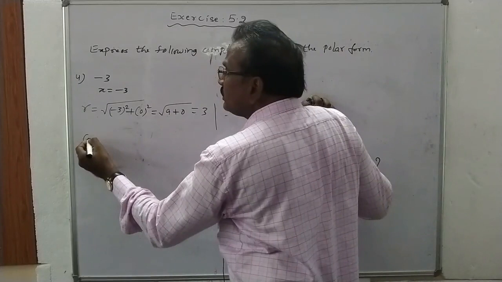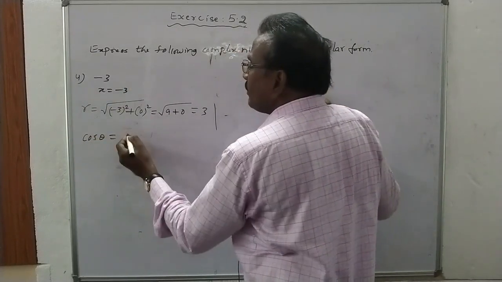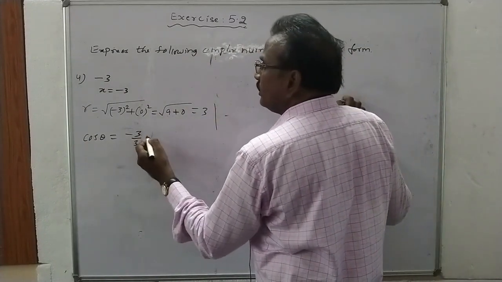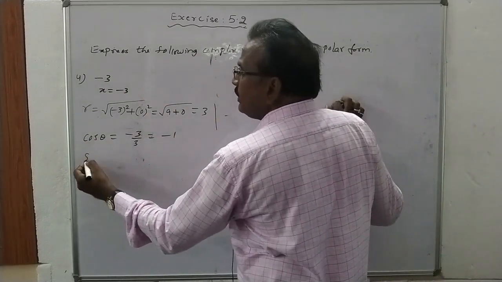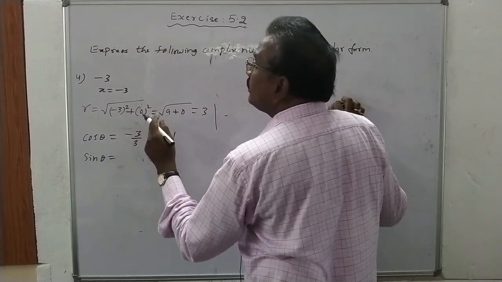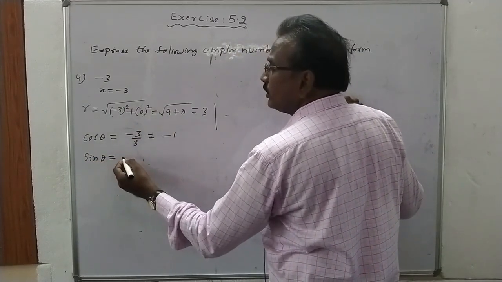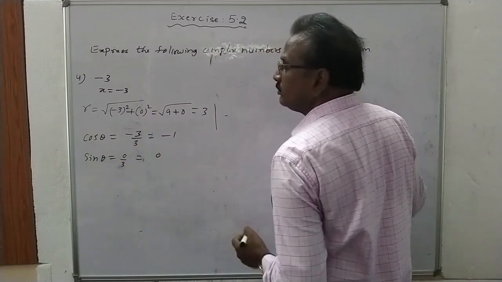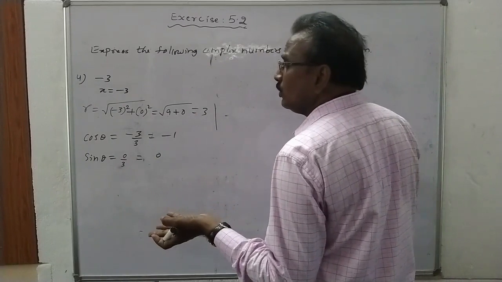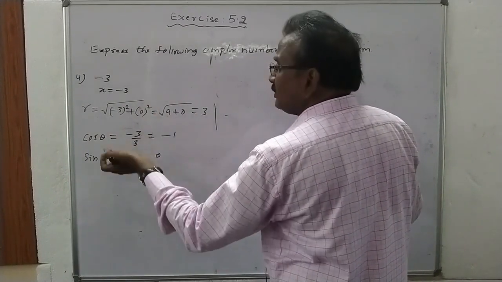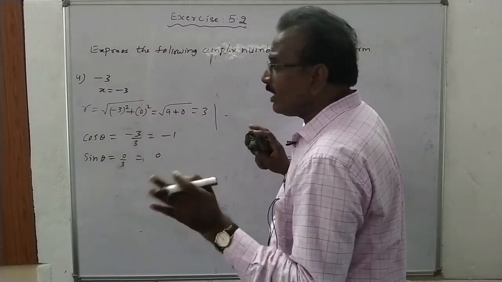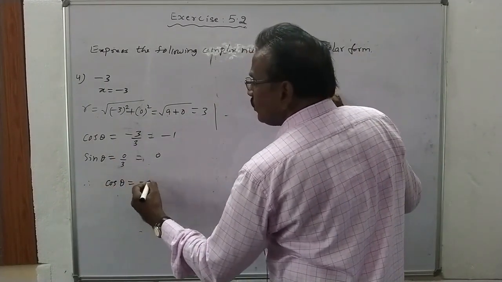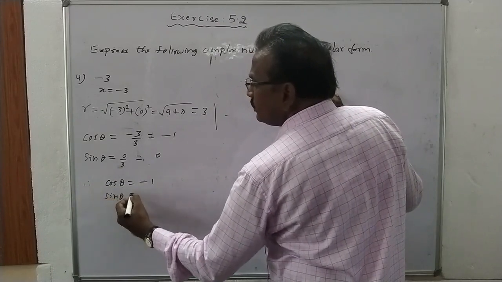Therefore cos theta is equal to x by r, minus 3 by 3, that is minus 1, and sin theta is equal to y by r, y is 0 by r value 3, that is 0. So y value is 0 or minus 0, 0 by anything or minus 0 by anything, value is 0. So therefore we have two equations, cos theta is equal to minus 1, sin theta is equal to 0.